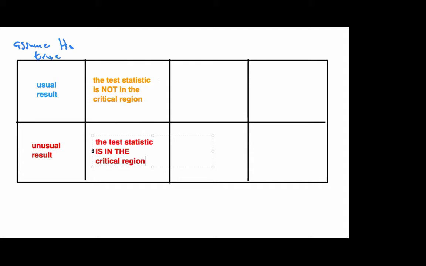Okay, an unusual result is when the test statistic is in the critical region. So in this context here, P is greater than alpha. In this context down here, P would be less than alpha.